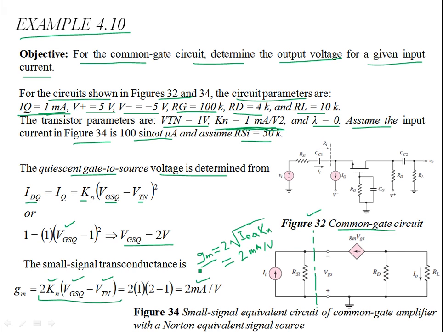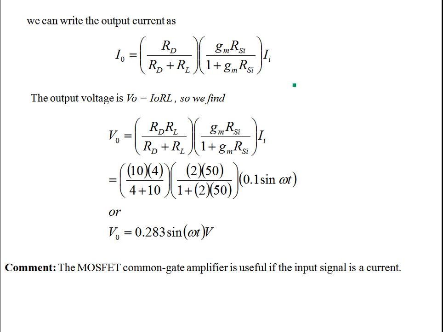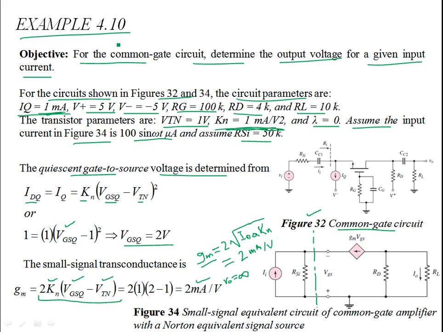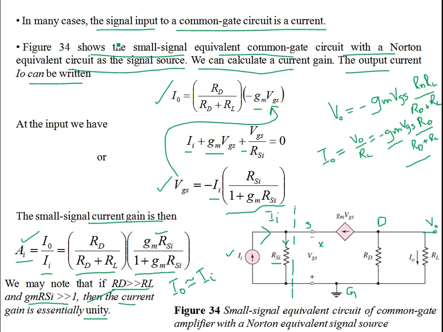Okay, so we have the transconductance gain. RO is infinity, so let's not bother about that. What we are left with is the current gain. Now, this expression over here, we have derived this before, if you recall. Let's use the same expression for the current gain. This expression was based on the output current in the load branch RL.